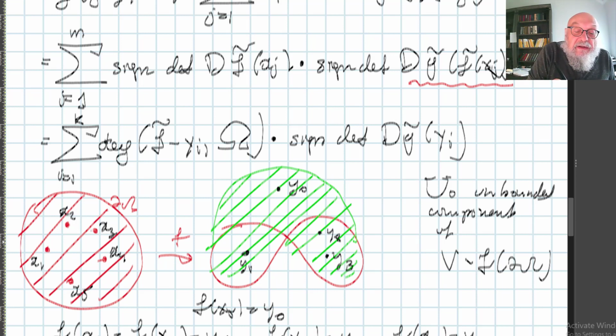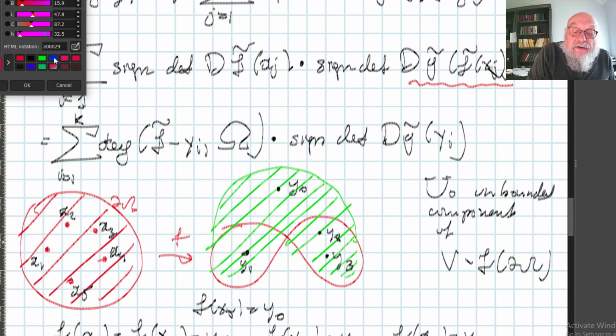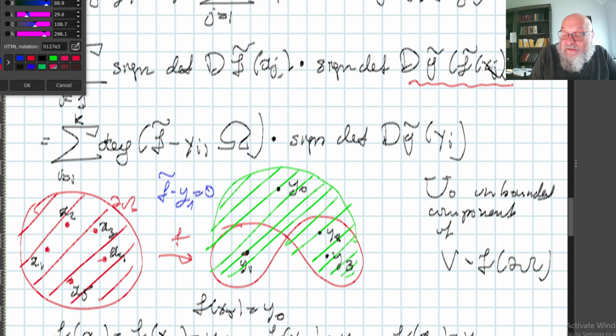That point, you can say, f tilde minus y1, so this will be 0. So what we are computing is the determinant of this particular map.